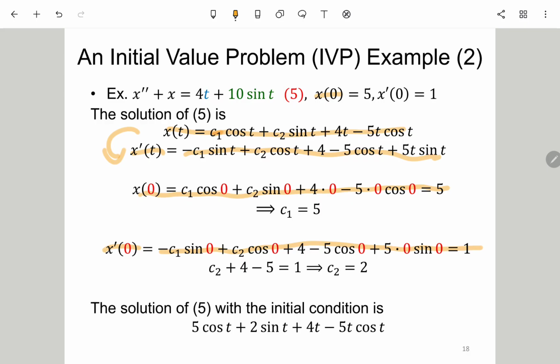So finally, you get two equations with two unknowns, and you'll be able to find C1 and C2 uniquely. So the complete solution with the initial conditions will be like this, for this second order constant coefficient ODE.